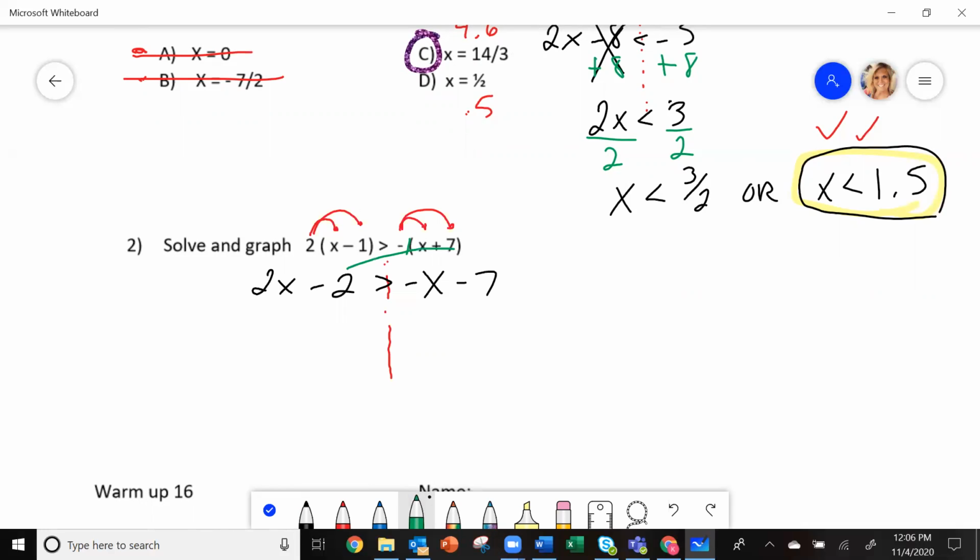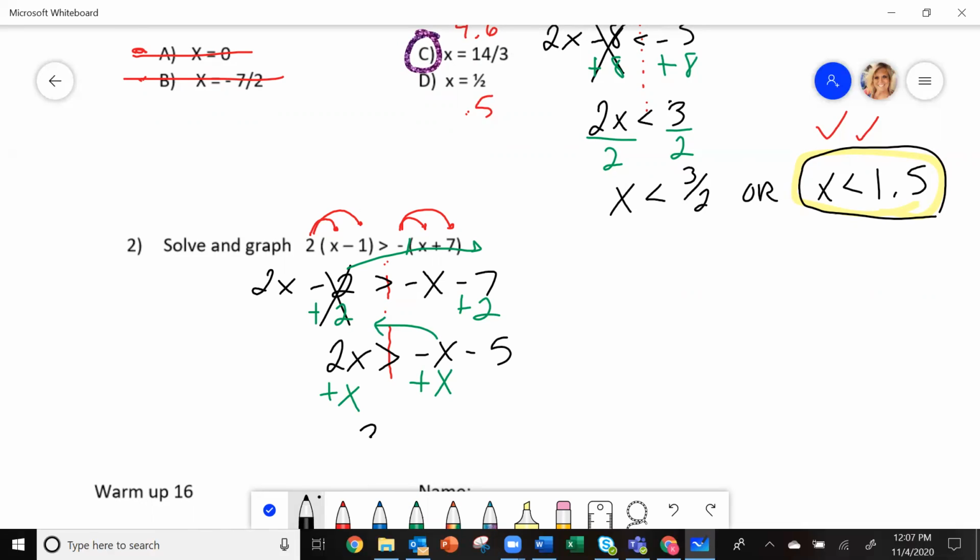All right, so now we did the distributive property. I'm going to move this 2 over to the right, so I'm going to add 2 to each side. These cancel and I get 2x is greater than -x minus 5. Then I will add x to each side because I've got to move my x's to the left.